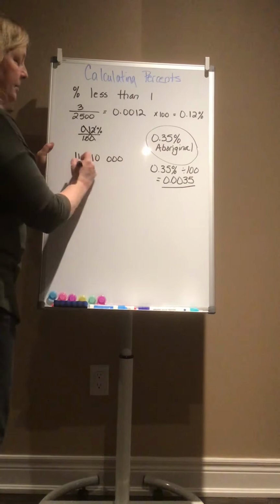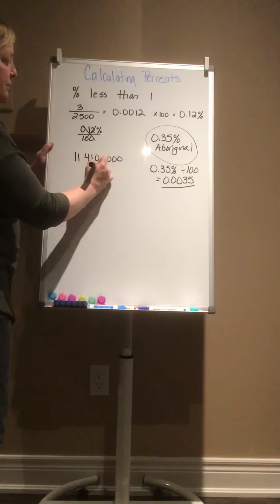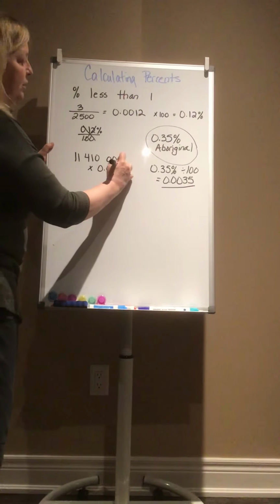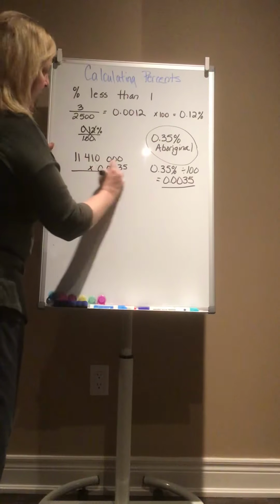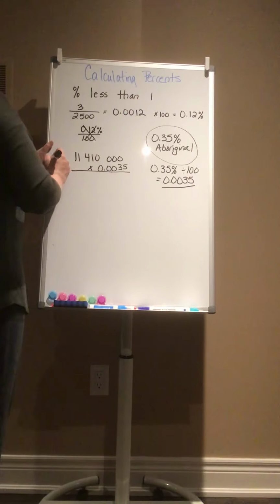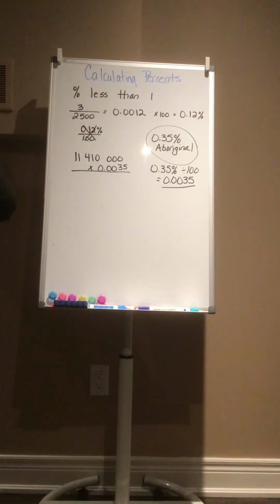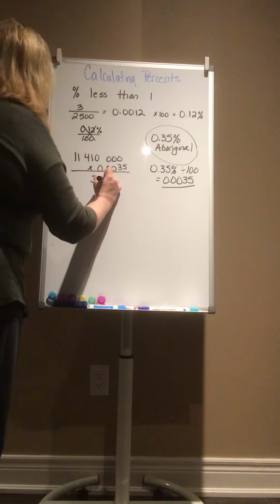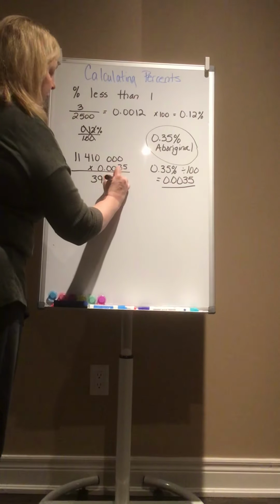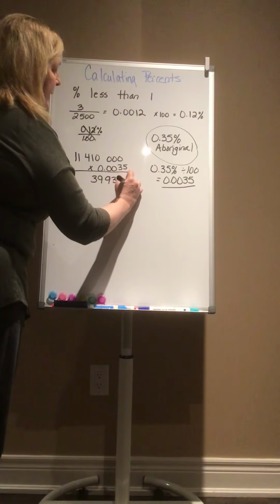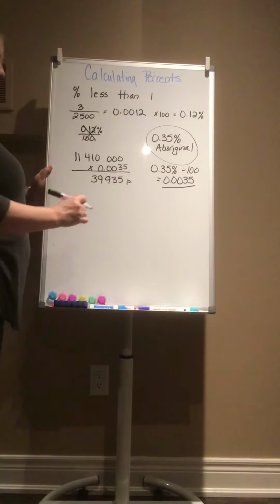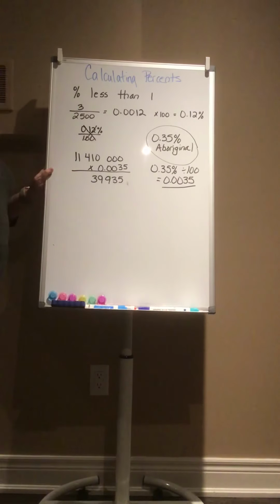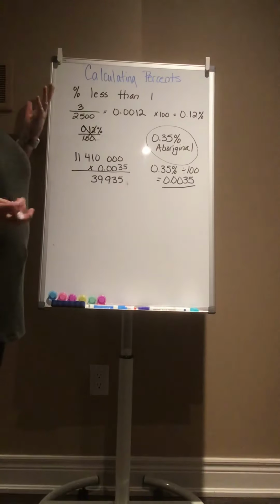So I take my 11,400,000 people and I multiply by 0.0035, and that gives me a total of 39,935 people are Aboriginal. Let's get rid of that P in case it confuses anybody. And I can stop and ask myself if this makes sense.